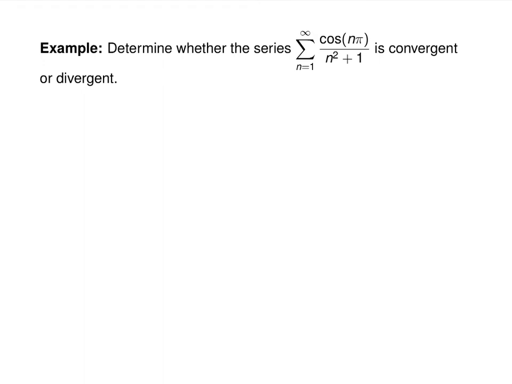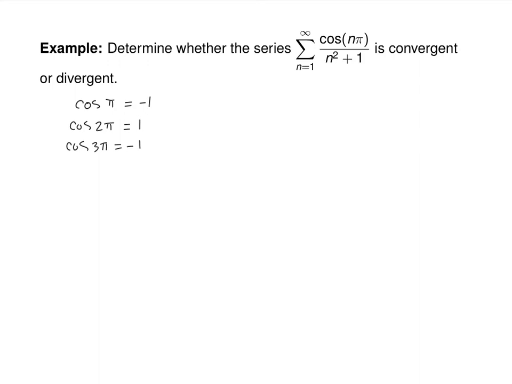All right, here we have cosine of n pi over n squared plus 1. So first we have to confirm that this actually is an alternating series. So let's think about cosine and we'll see what happens as we plug in different values of n. So we'd have cosine of pi, which is -1. Then we'd have cosine of 2 pi, which is 1. And then cosine of 3 pi, which is -1.